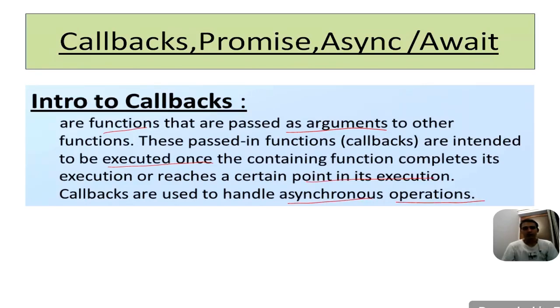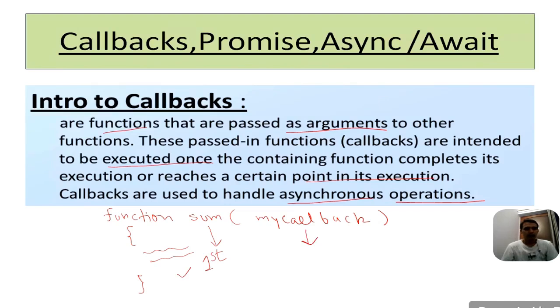So suppose we have a function sum and it has some argument, suppose myCallback, and this function has some body also. Here is the line of code for sum. Now this sum is your first function which will execute first, and after it your second function, which is myCallback, will get executed.